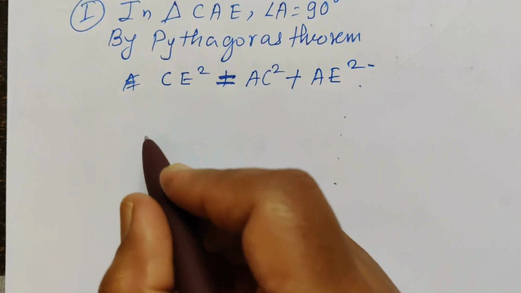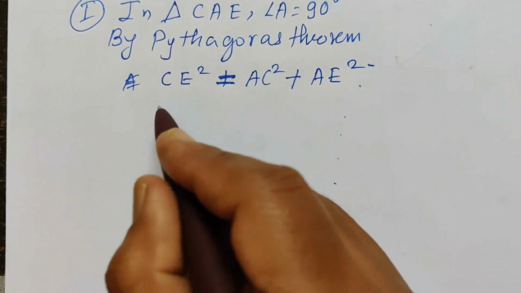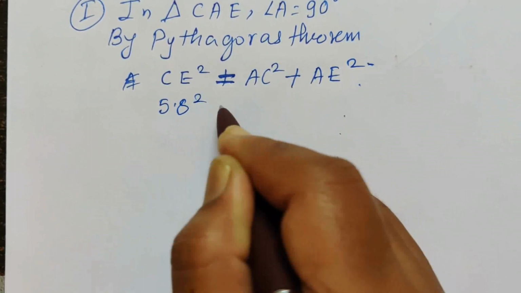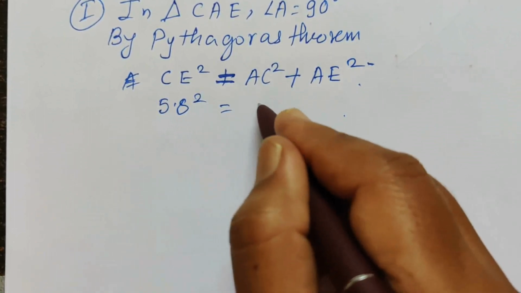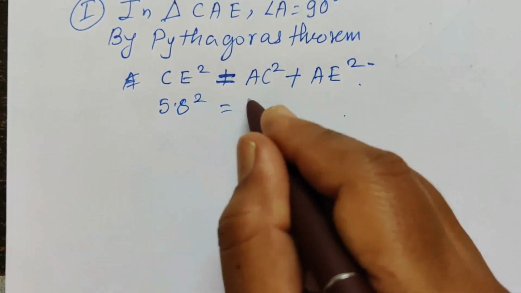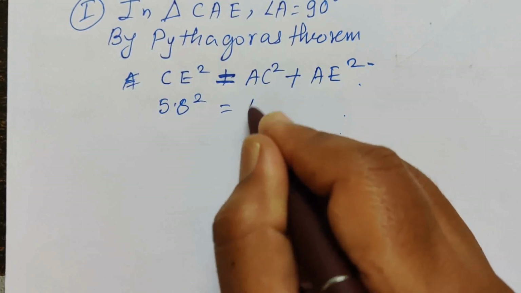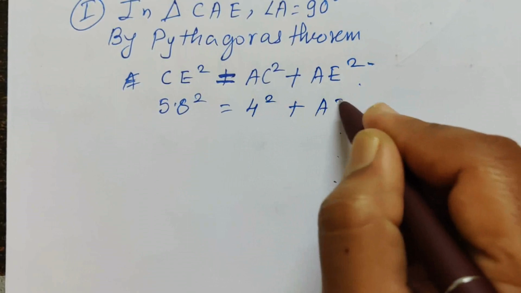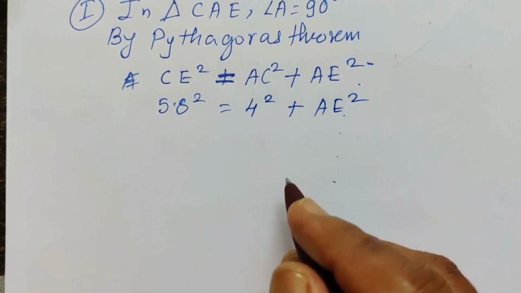Now CE is the length of the ladder, that is 5.8 square. AC is the height of the building or wall, that is 4, and 4 square. AE we have to find out, AE square.